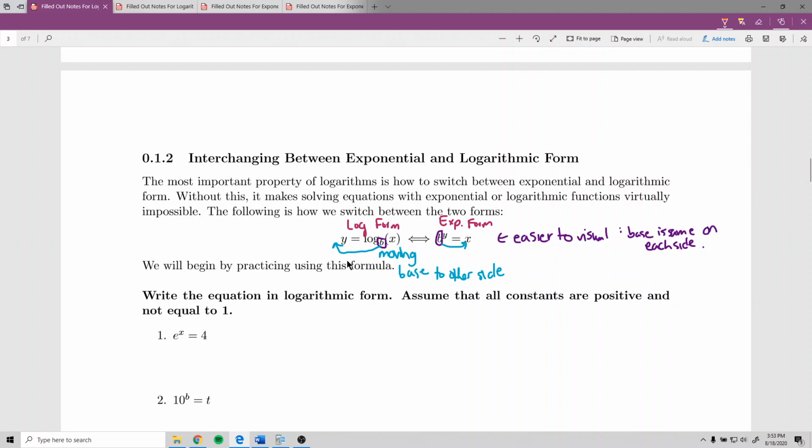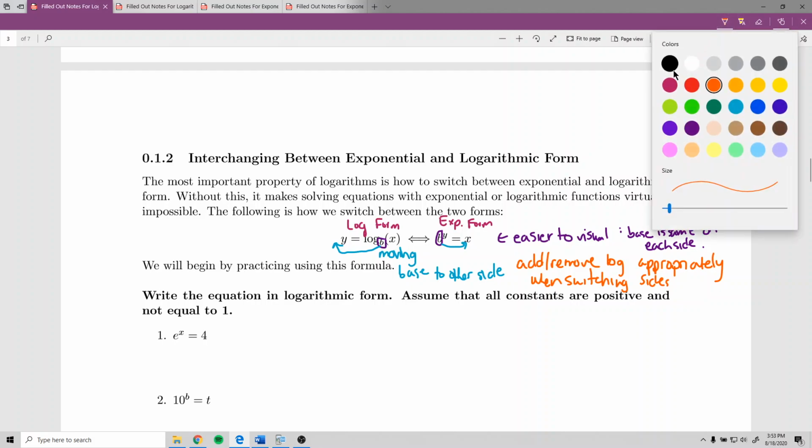If we do have a log and we want to get the exponential form, we get rid of it. So we add or remove the log appropriately when we switch sides.